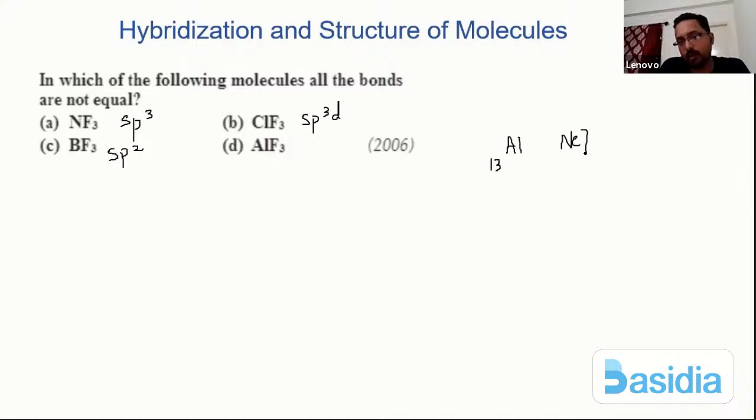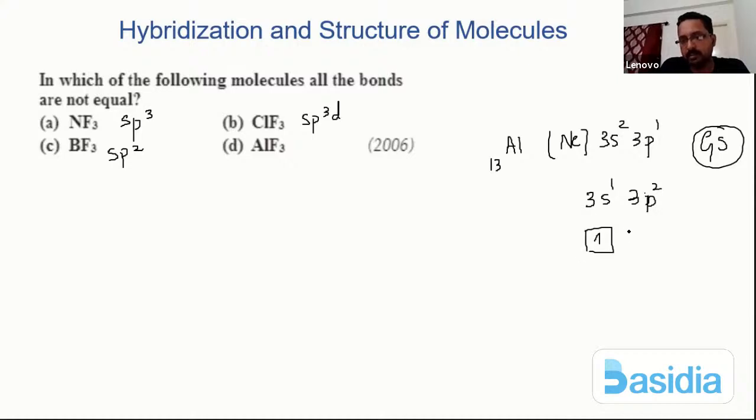Then you have neon over here, then 3s2, then 3p1. This is the ground state configuration. Excited state configuration will be 3s1 and 3p2, correct? So here it is going to be a single electron, then you have 2 electrons over here.